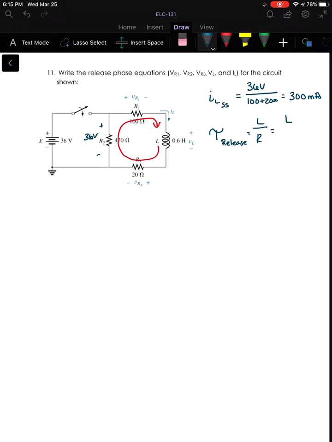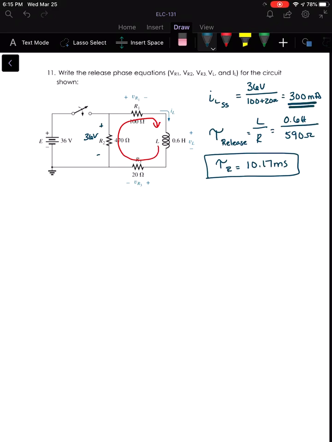Remember, it's L over R, and in this case, L is 0.6 henries, and the total resistance is 100 plus 470 plus 20, or 590 ohms. So tau of the release phase will be about 10.17 milliseconds.